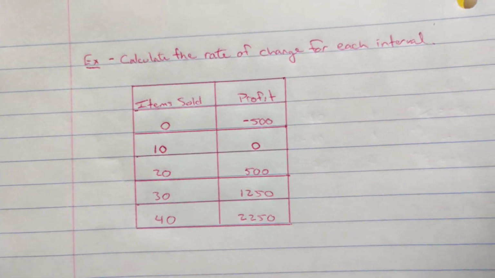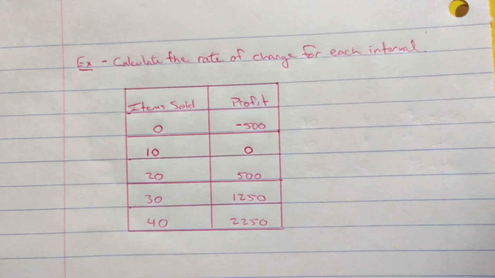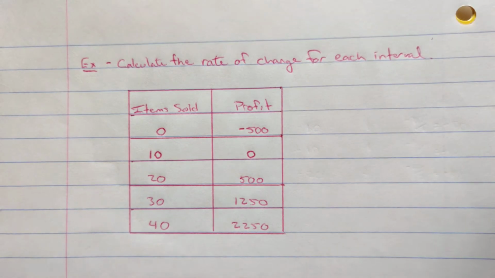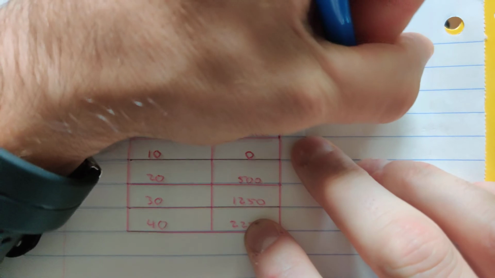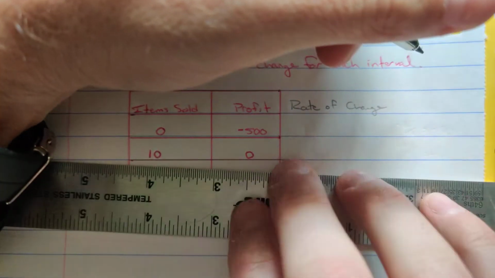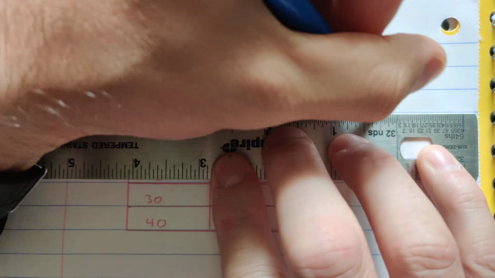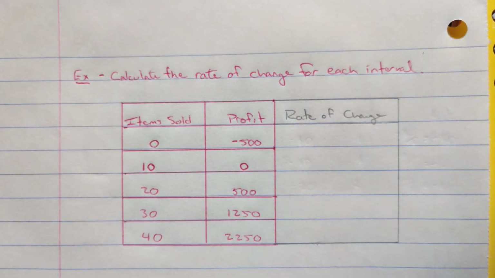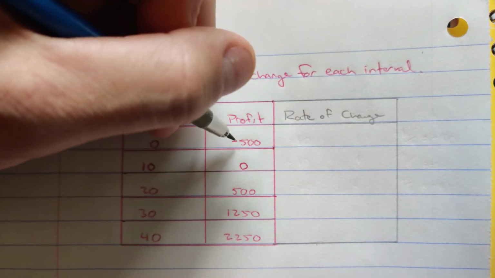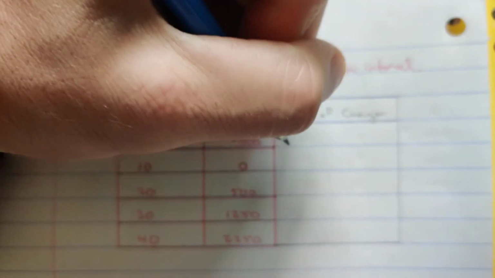So here we have a table set up, and we want to calculate the rate of change for each interval. So I'm just going to add an extra column here. Rate of change. So there is no interval here, but there is an interval here.